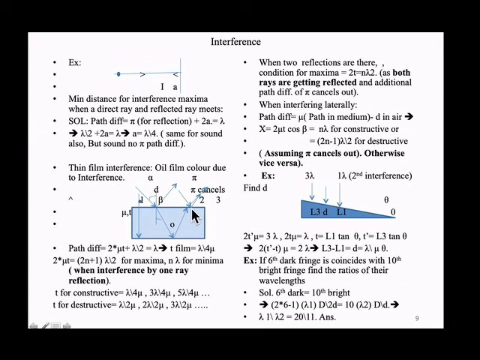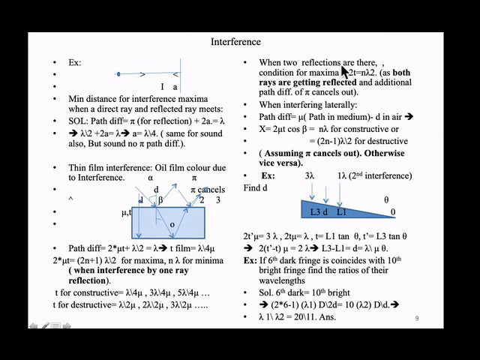Another is after getting reflected, this light ray is also meeting here. So at these two points it can also have interference, depending on the number of rays coming. Some rays will get both interferences. Let us see how the condition comes.